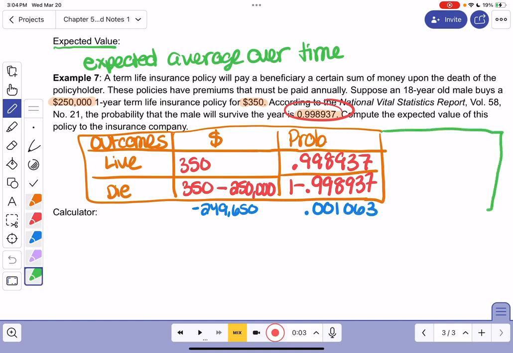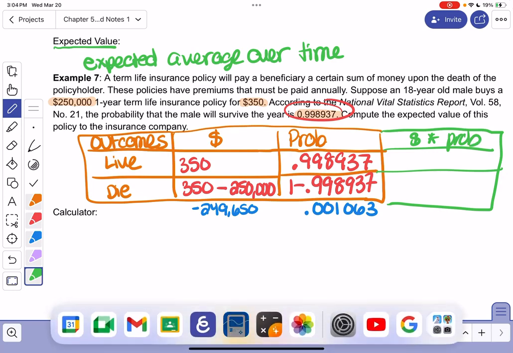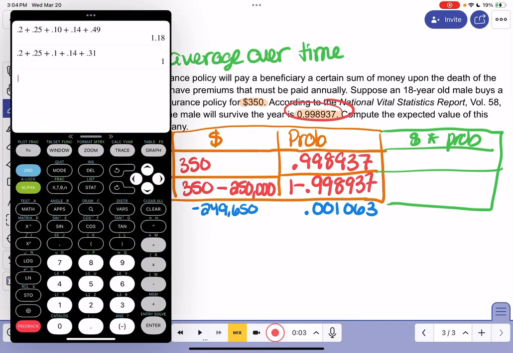Now to find the mean, just like before, we're going to do the money times the probability. So I'll put the calculator over here this time. We're going to do 350 times 0.998937, and we get 349.63. Then we're going to do the money they lose times the probability of him dying.